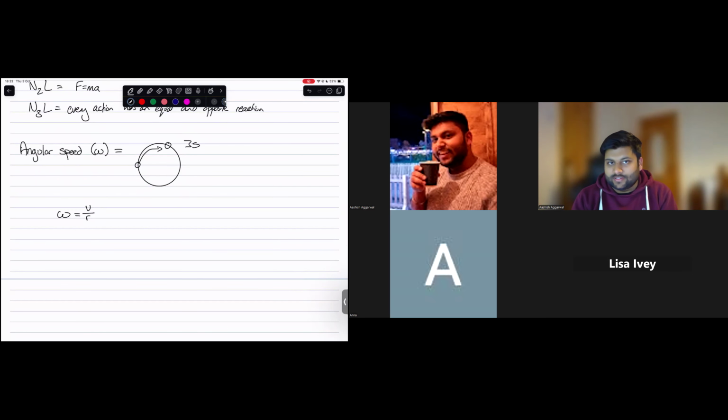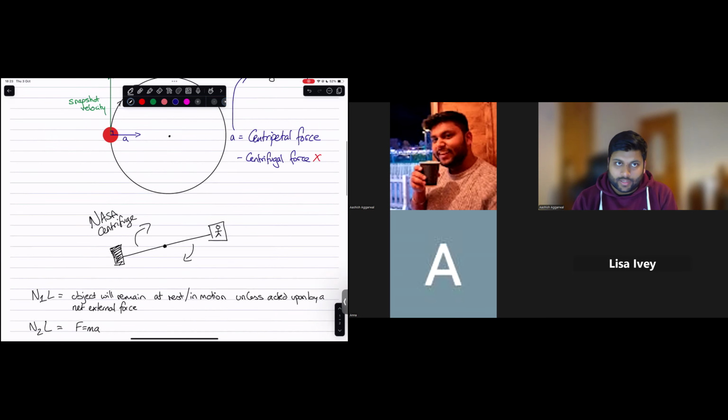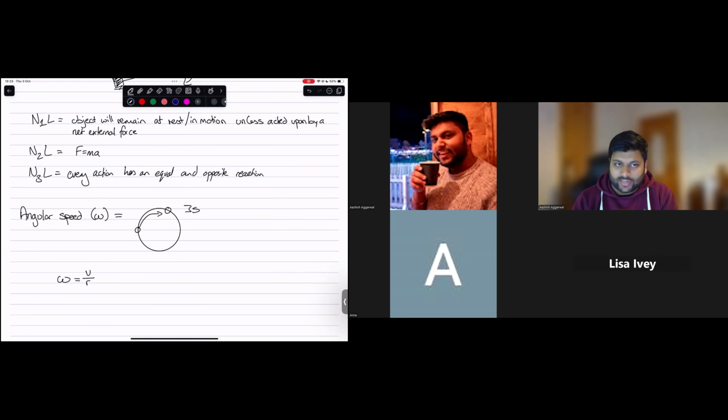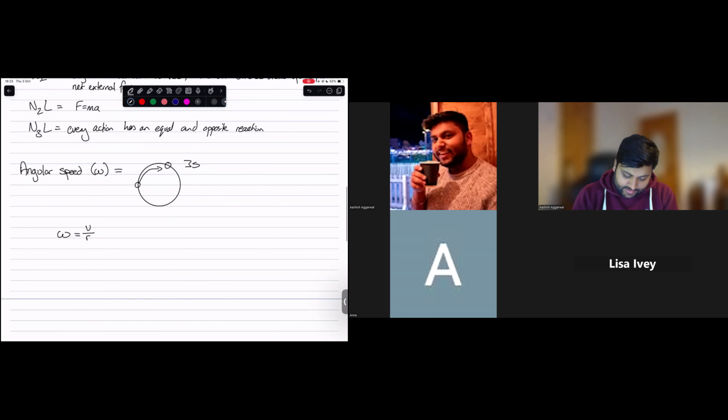So if you increase that velocity, then the angular velocity increases, or if you decrease the radius, then the angular velocity increases. Like if you're spinning that key around your finger, and you keep spinning it with the same force, but you start wrapping the rope up on your finger so it gets shorter, you'll realize that the key travels faster, but you're spinning it with the same force. That's because the radius is decreasing.